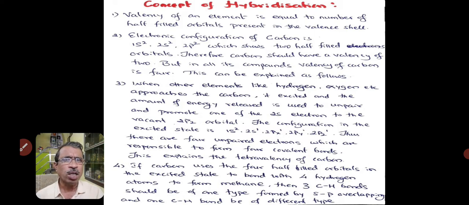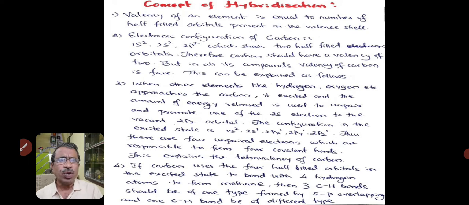The configuration of the excited carbon atom is 1s2, 2s1, 2px1, 2py1 and 2pz1. This shows that the valence shell of carbon contains 4 unpaired electrons, which are responsible for forming 4 covalent bonds. This explains the tetravalency of carbon.